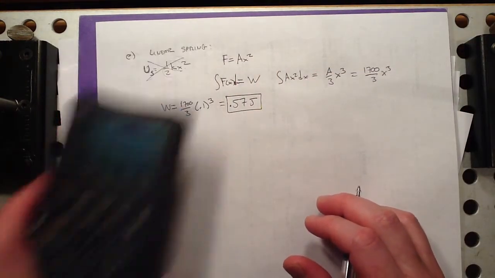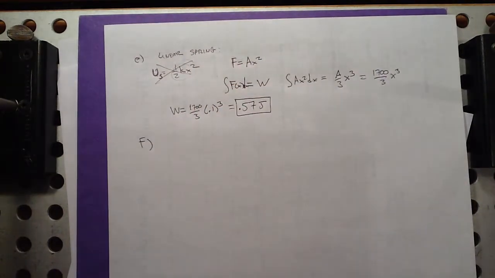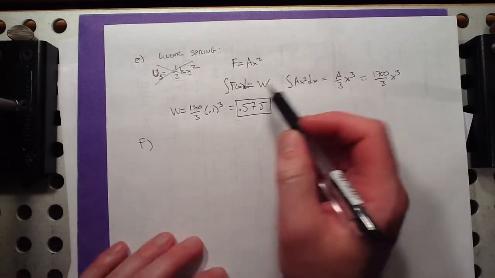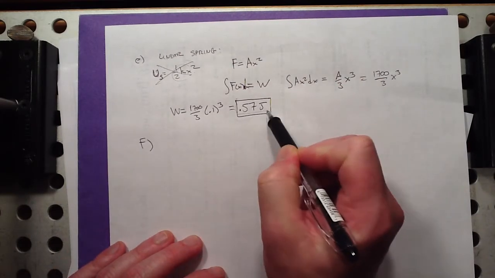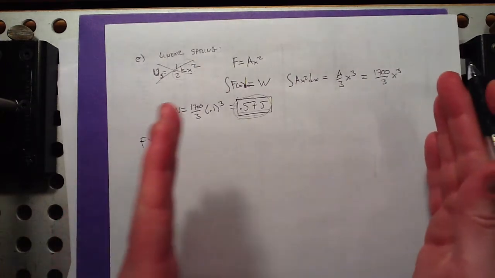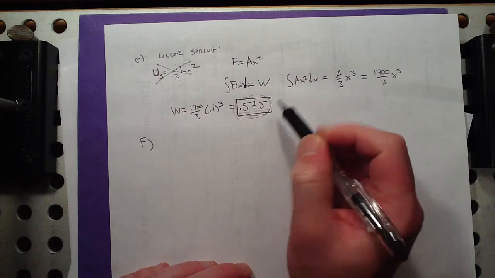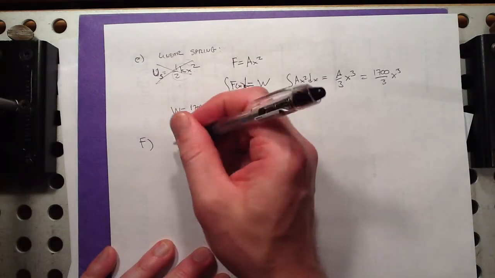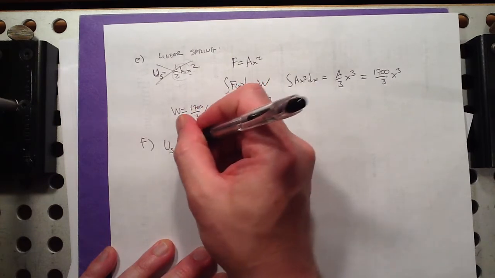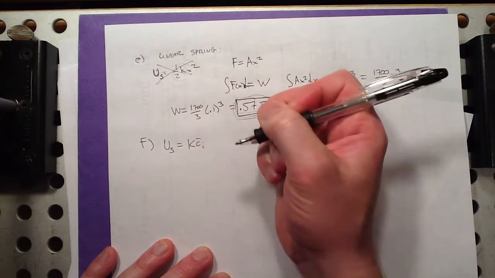And then for the speed of the cart, we can use conservation of energy. This is a spring, so the amount of energy the spring stored up is the amount of energy the cart must have had. So the potential energy held by the spring must equal the initial kinetic energy.